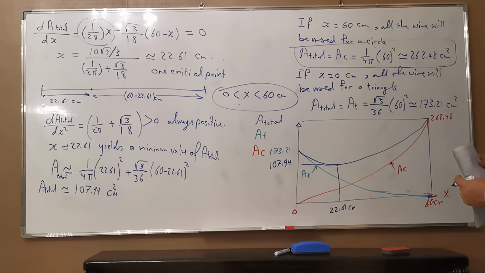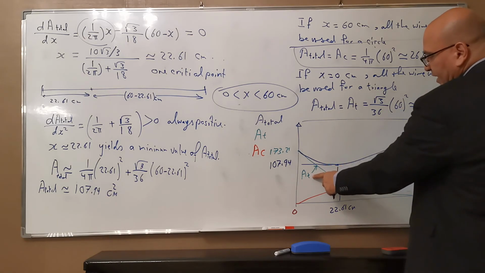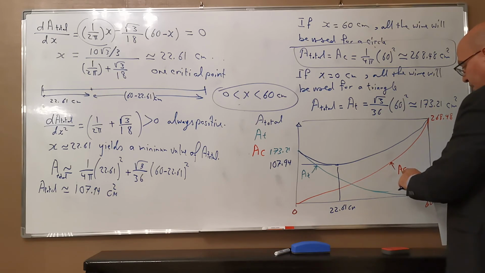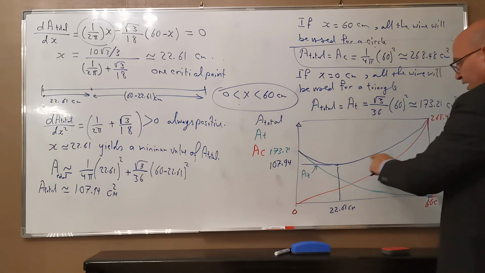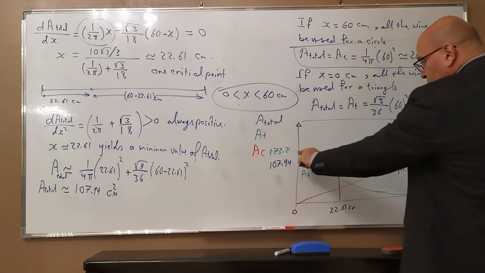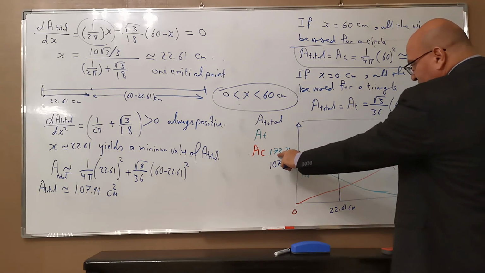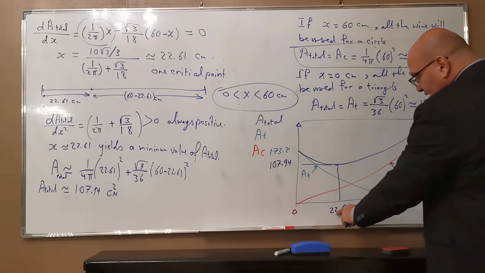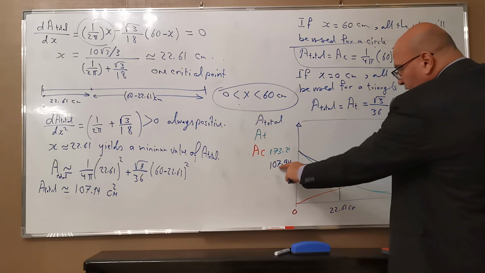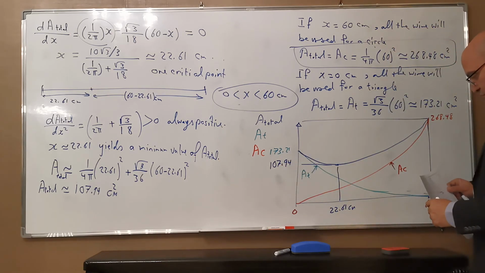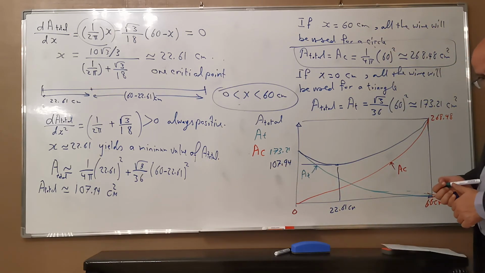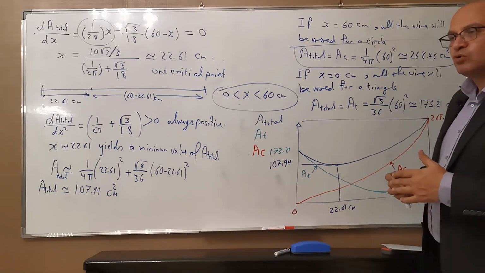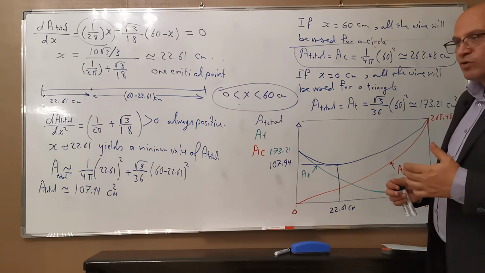So this is the green curve for the triangular area, the red curve for the circle area, and the blue curve is their addition. It swings from 173 until 268, but goes to a minimum at x equals 22.61 with a value of 107.94.